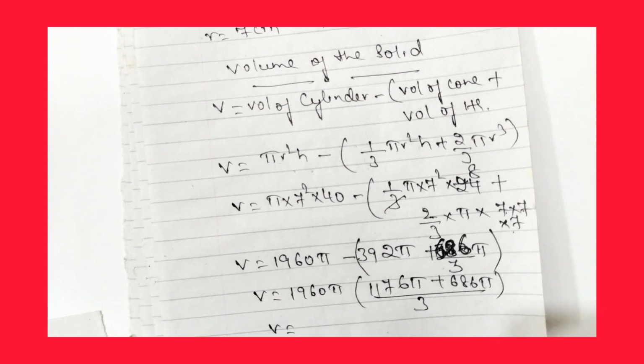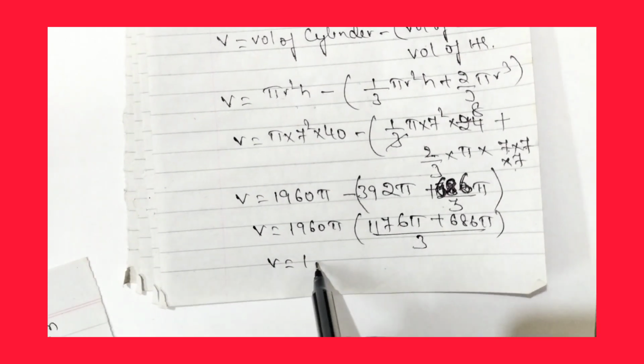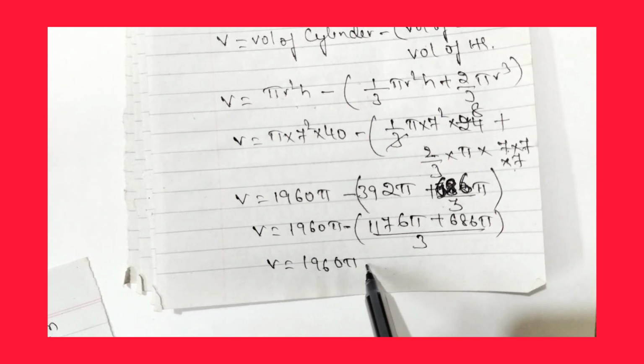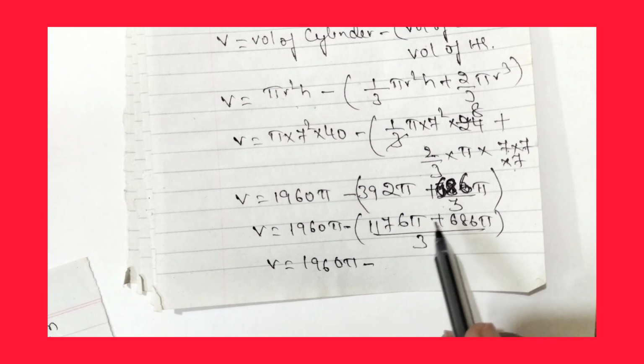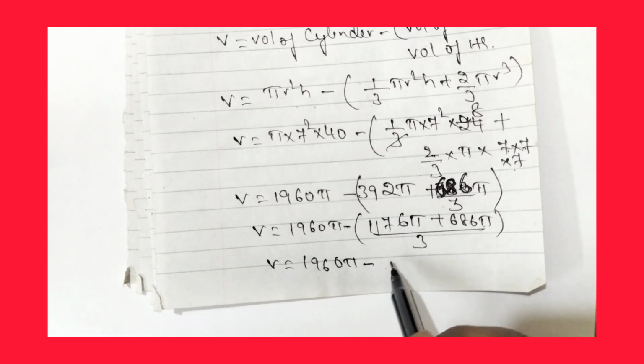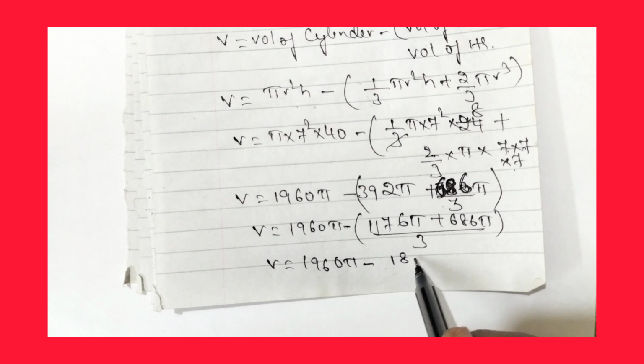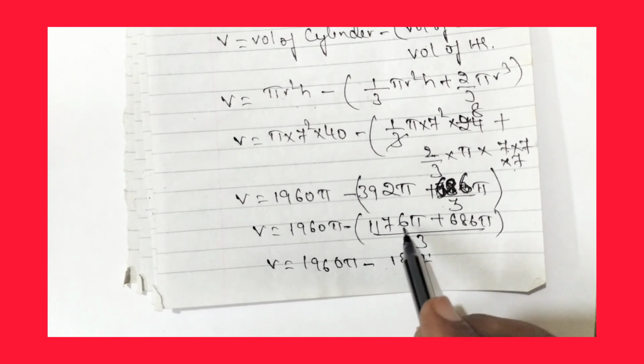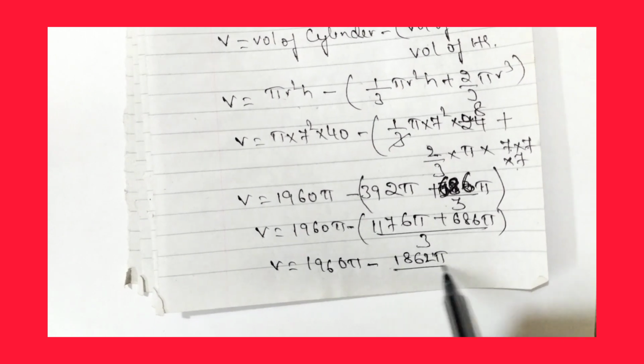So volume is equal to 1960 pi minus, if you add these two, so how much will we get, let us see. So if you add these two, 1176 plus 686, it will be equal to 1862 pi divided by 3.